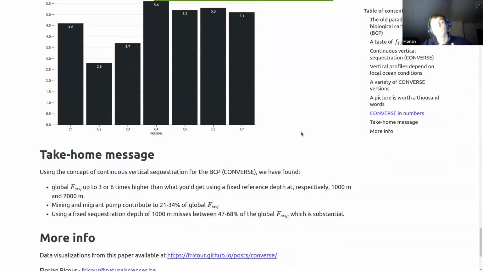That the mixing and the migrant pumps contribute between 20 and 34% of this global sequestration flux, which is not negligible at all. And that if you use this fixed sequestration depth at 1,000 meters, you would miss between 47 to 68% of the global sequestration flux, which would be even worse if you use the fixed sequestration depth of 2,000 meters, because it would be up to 88%.